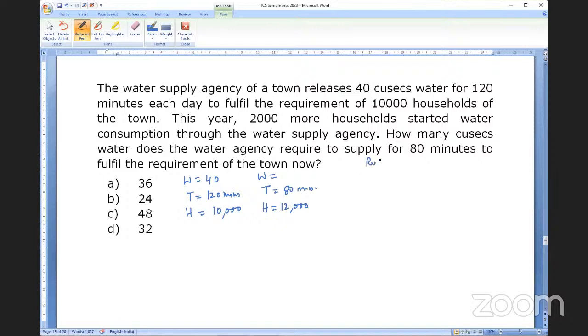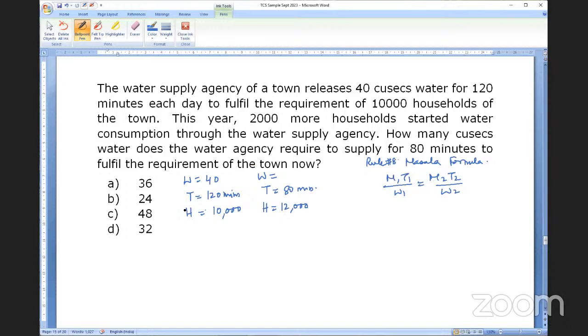We will use our rule number 8, masala formula. Masala formula is M1 T1 by W1 equals M2 T2 by W2, where M stands for the people who do the work.